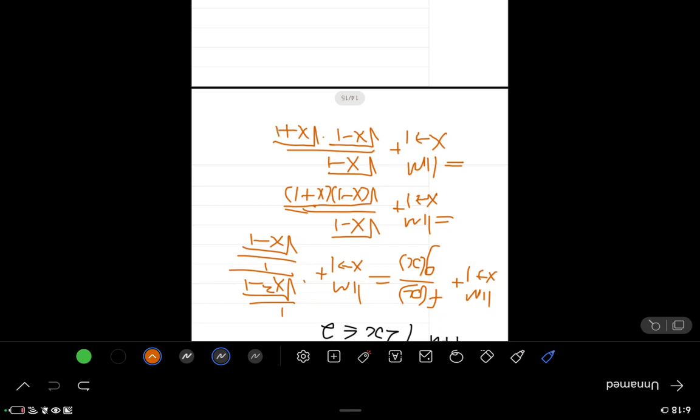And this would cancel this. We'll have the limit as x approaches 1 from positive of 1 over the root of x plus 1, and this would be 1 over root of 2.